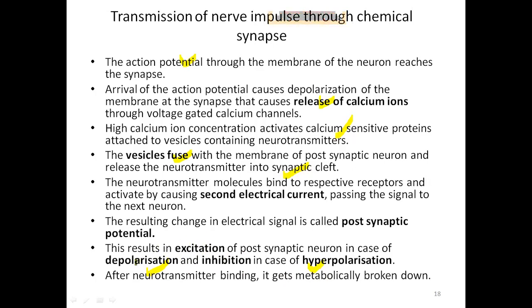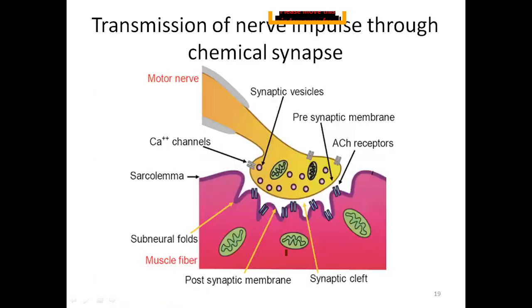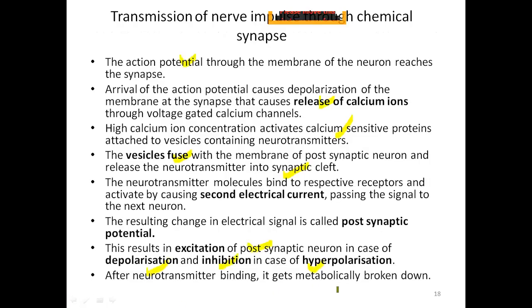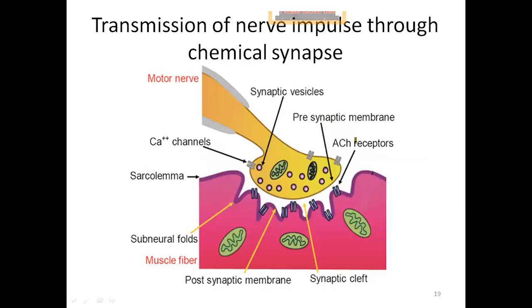If it brings about depolarization, it brings about excitation, and if it is hyperpolarization, it brings about inhibition of the postsynaptic membrane. Once the neurotransmitter function is done, the neurotransmitter will be removed or broken down through suitable enzymes. You can see here, same thing, receptors are present, neurotransmitter getting released, and it will bring about the synaptic action in the postsynaptic membrane.